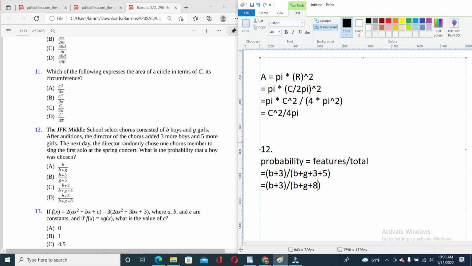So the answer is D. That's how you calculate probability: you take the total number of features that satisfy what the question asks divided by the total number of elements.